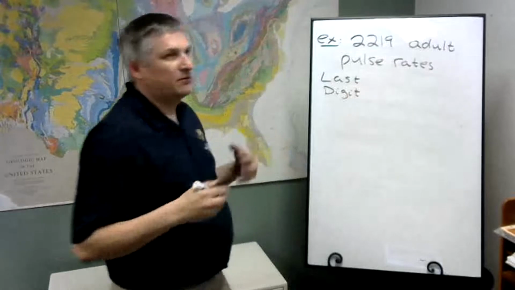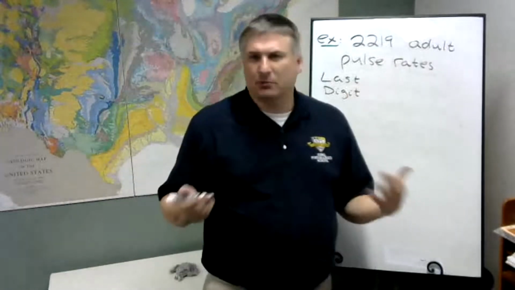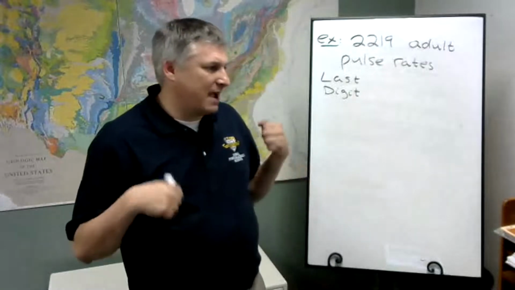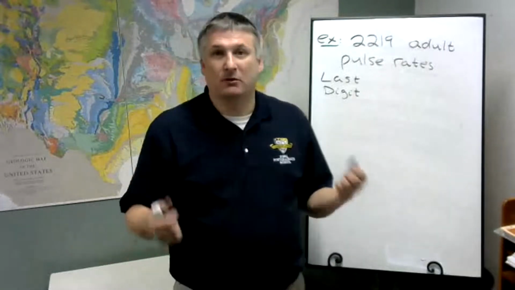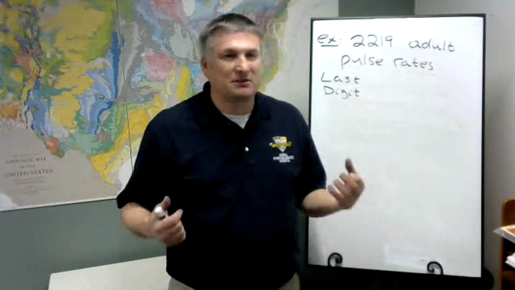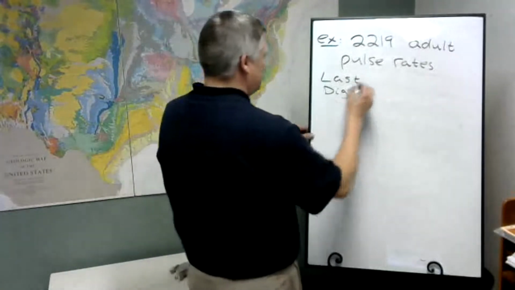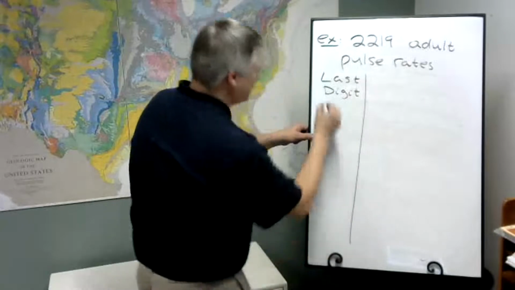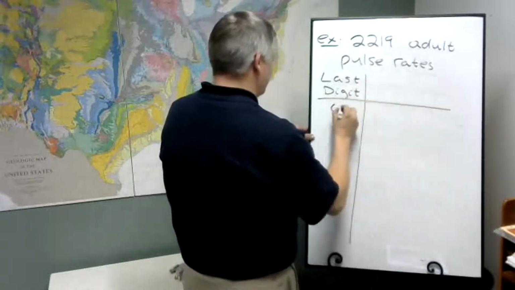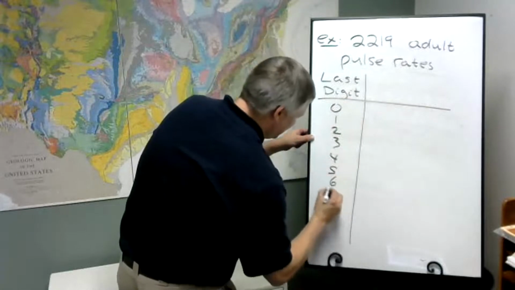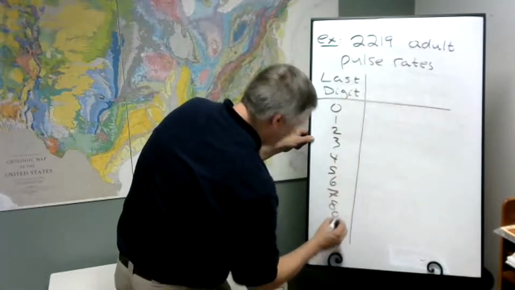So if you have a pulse rate of 103, and pulse rates are usually measured across 1 minute, so after 1 minute you have a pulse rate of 103, then the last digit of your pulse rate would be a 3. And so the last digits are going to be 0 through 9: 0, 1, 2, 3, 4, 5, 6, 7, 8, and 9.